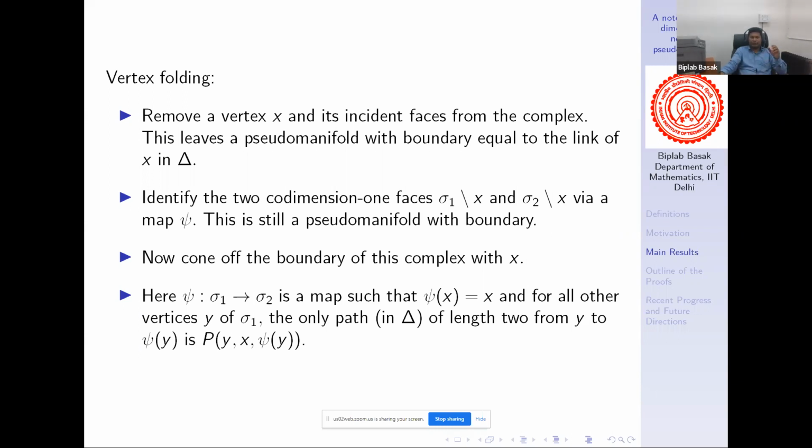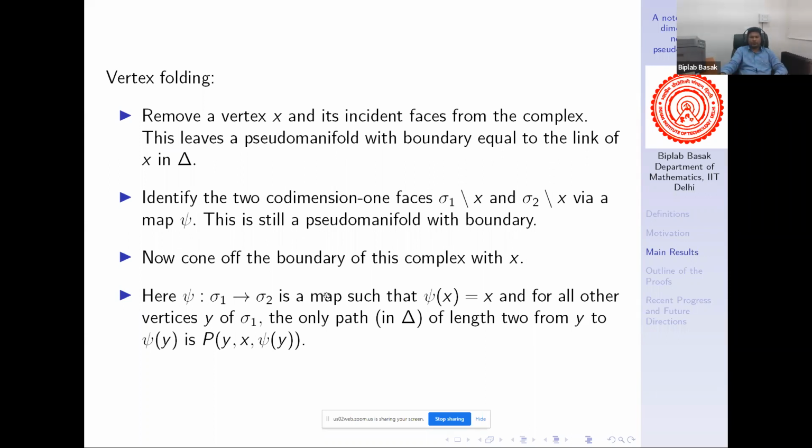We have to be careful about that. After the identification, we should again have a normal pseudomanifold, so we define such a map. If we can do this, then that boundary will be changed, and then we cone off the boundary by x again. Now this is called the vertex folding at x.